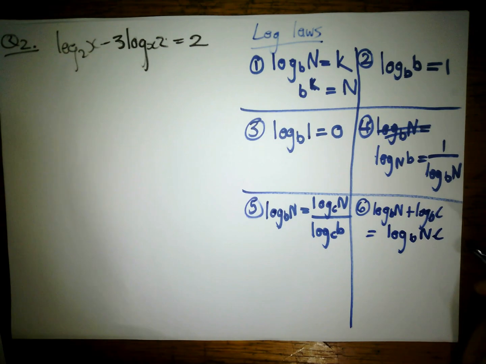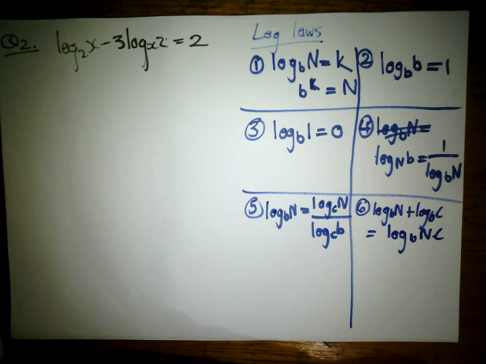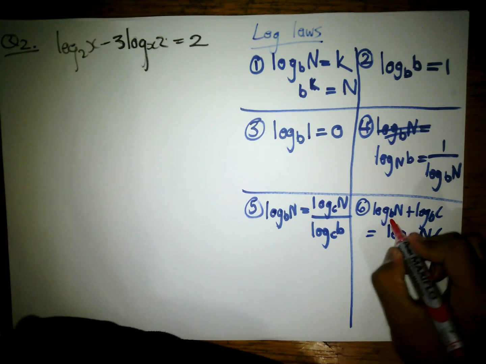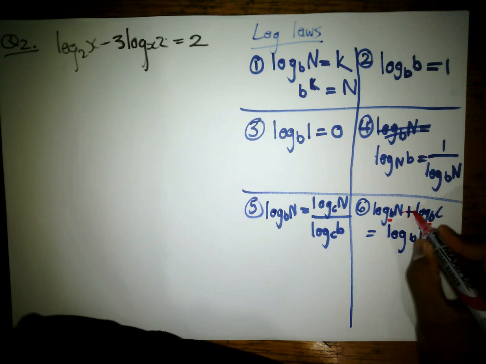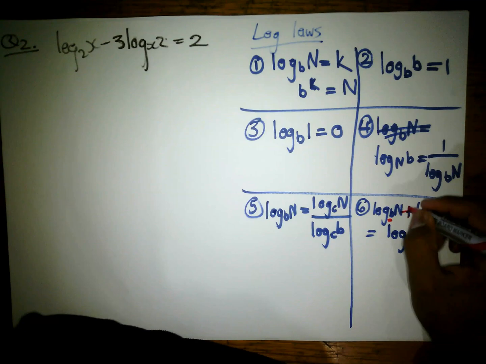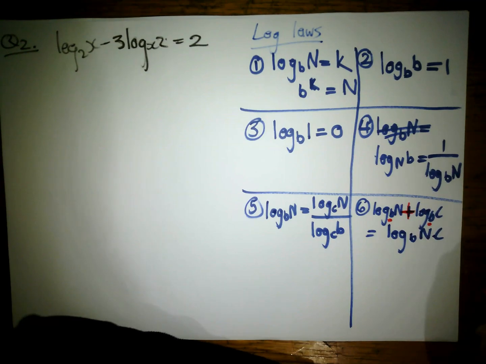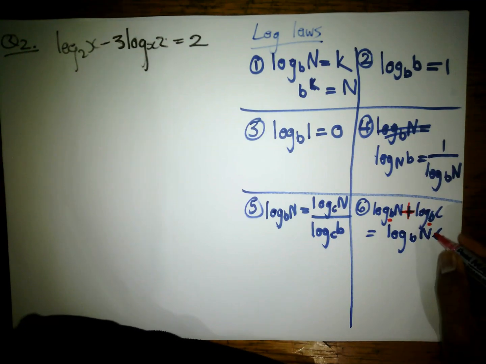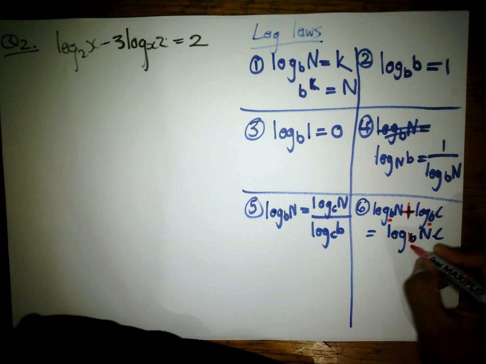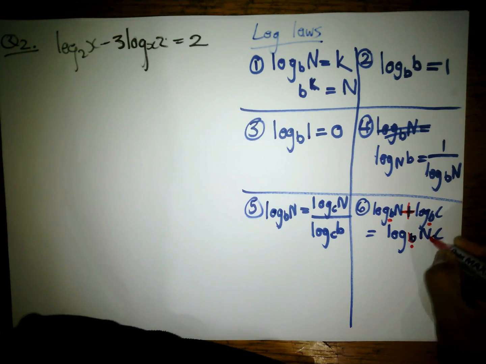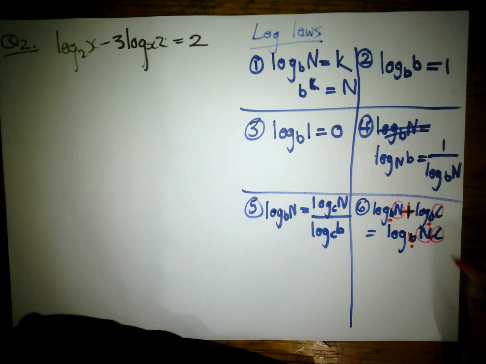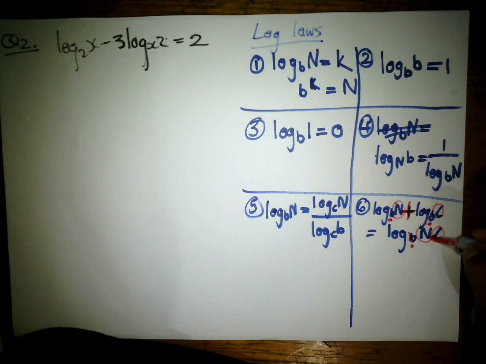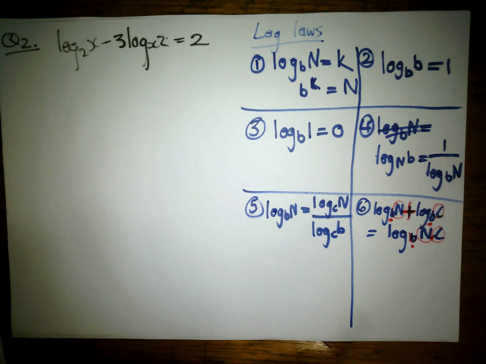What this is saying is, because that base is the same as this base, and there's an addition sign here, we put log the base, and then we multiply whatever the numbers are together, because here's an addition. So addition goes with multiplication. Automatically.